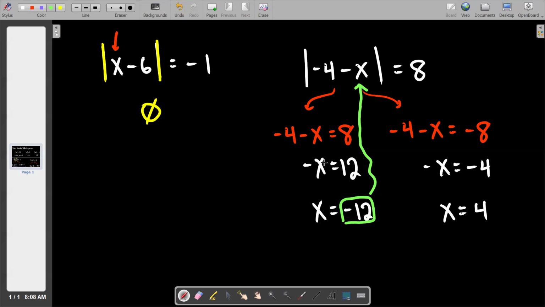It works. So you can always vet your answers before you turn in a quiz or something like that, or before you hit submit if we were doing Delta. And again, you're always welcome just to plug it in and do the math. So that's always true with equations. Any questions so far? Okay.